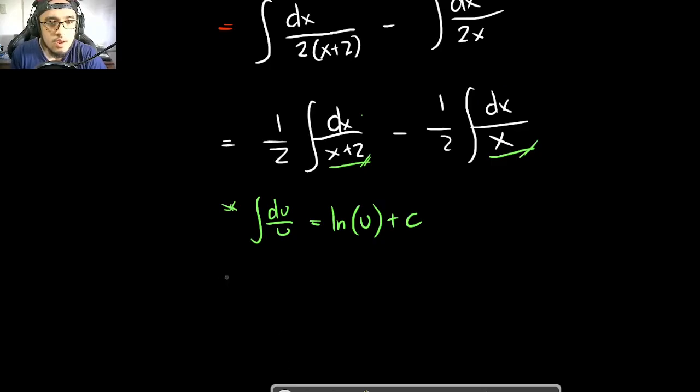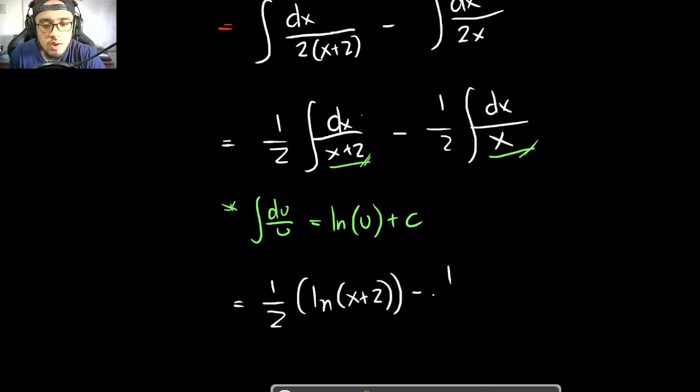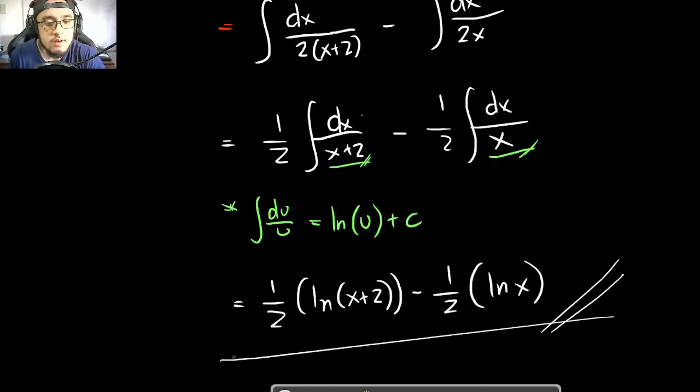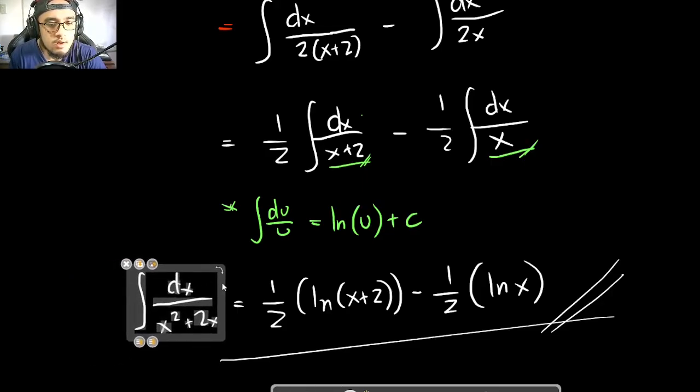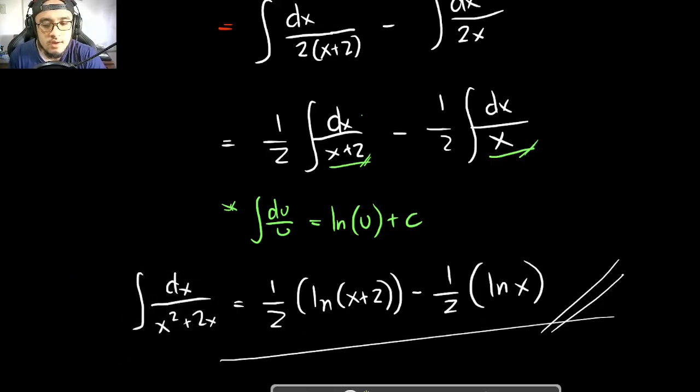So from that, we can just write it this way: 1/2 times the natural logarithm of x plus 2, minus 1/2 times the natural logarithm of x. So this is its corresponding answer. If you want to simplify this further, you may do that by factoring out 1/2.